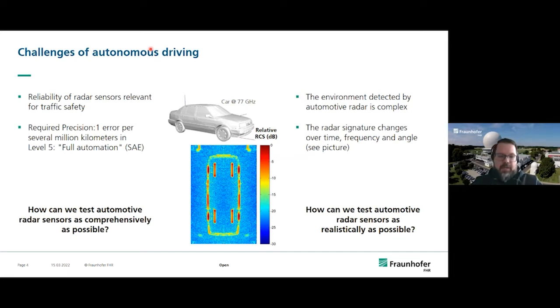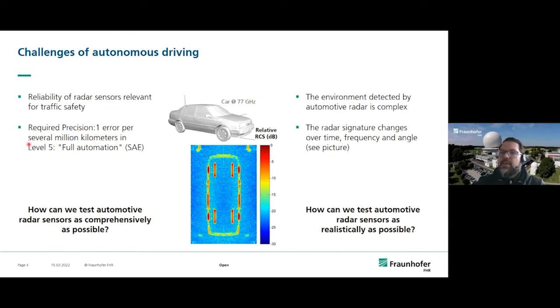First of all, if you want to use such a sensor, this means that you have to rely on it, that you really have to make sure that it is not perceiving something in a wrong way or detecting something in a faulty way. So you must be able to really avoid errors with the sensor. And that is something which is really hard.